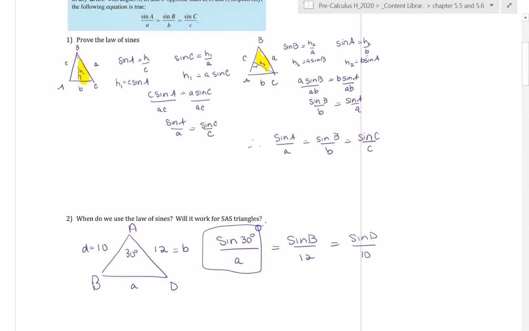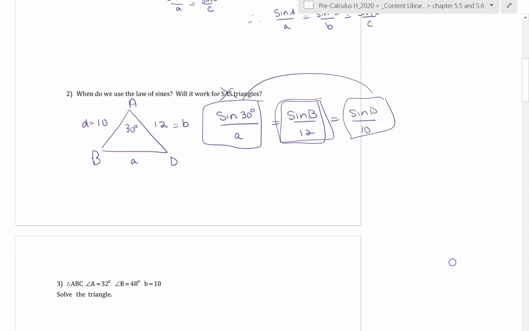Because if I use these two ratios together, notice we'd have two unknowns. If I use these two together, I have two unknowns. So notice it's not helpful for a side angle side triangle. We are actually going to use the law of sines for angle side angle, angle angle side, and then this one is a little bit scandalous, the angle side side triangle.